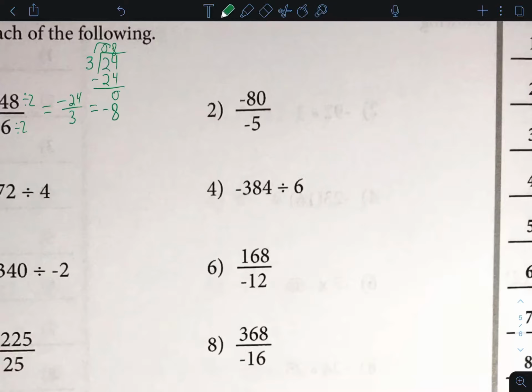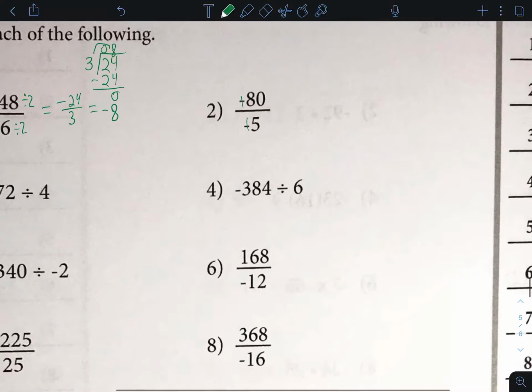On number 2, we have a negative divided by a negative. So we can just ignore the negative signs. We can pretend that it's positive. 80 divided by 5. 5 doesn't really have anything in common with 80, besides that they're both divisible by 5.